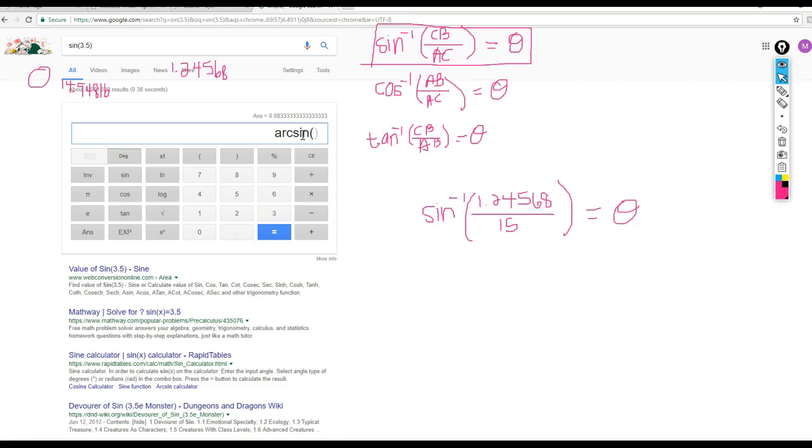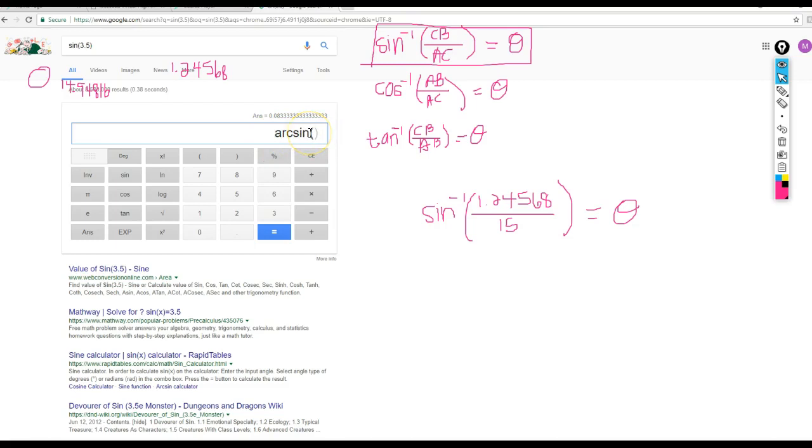So please just make note of that. Arcsine is the same as sine inverse. It's just another name. So it's like calling red rojo in Spanish. They're both the same color. They just have different names because they were spoken in a different language.